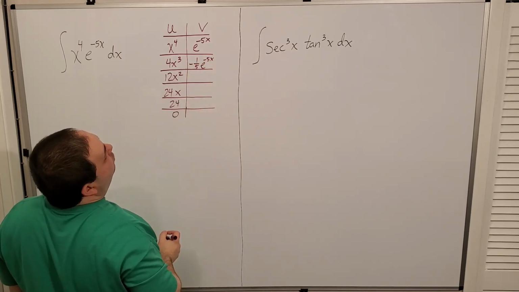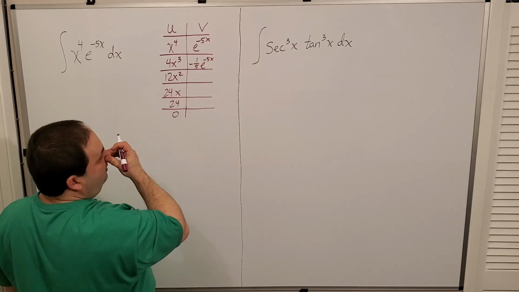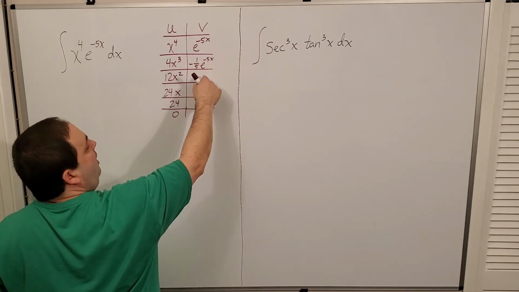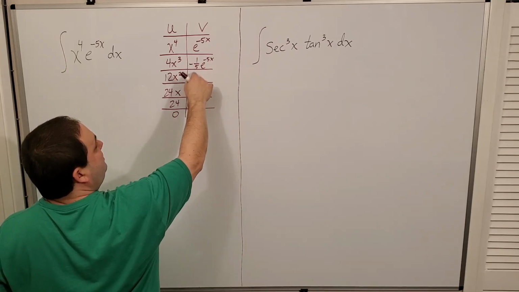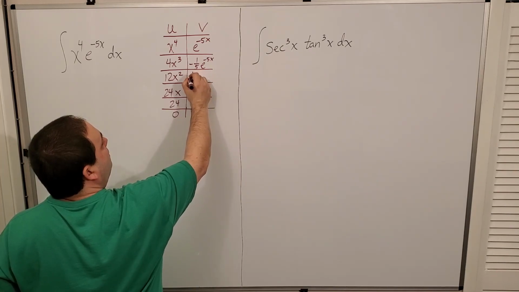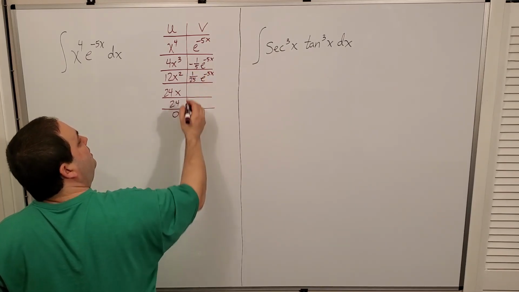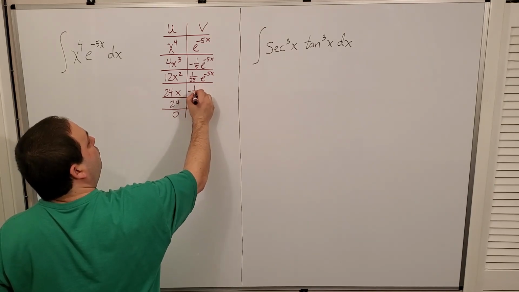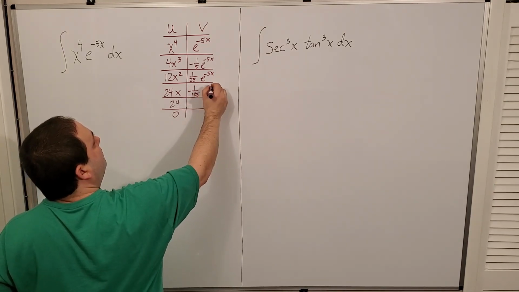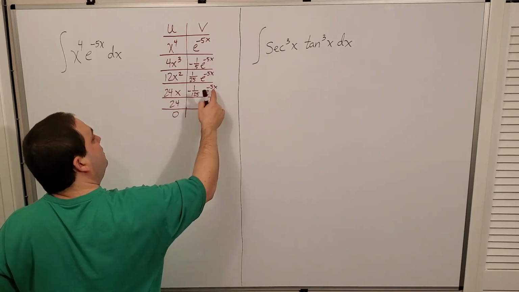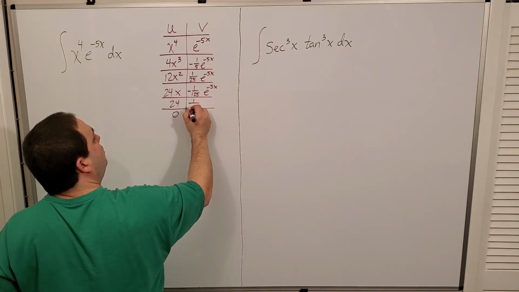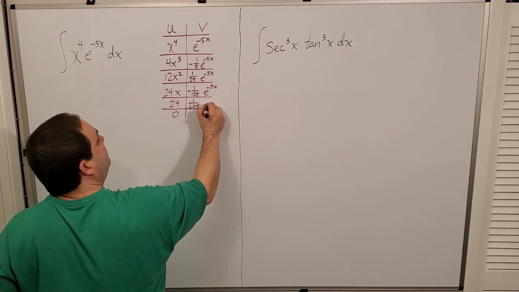So I have negative 1/5 e to the negative 5x. Then I repeat the process again, and every time I divide by the next power. So I have 1 over 25. Then I have negative 1 over 125. Then I'm going to have positive 1 over 625.